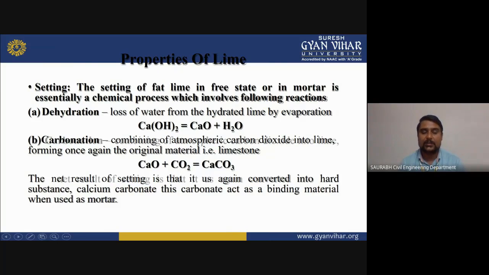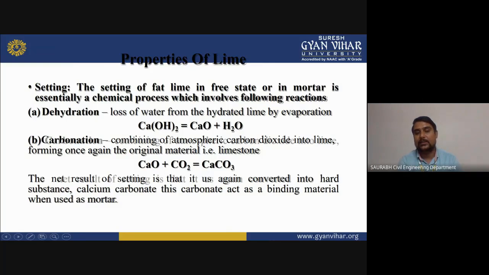Now we will see setting. What is the setting property of a lime? The setting of a fat lime in free state or in a mortar is essentially a chemical process which involves the following reactions: dehydration and carbonation. Two processes are given here. First one is loss of water from the hydrated lime by evaporation. As you can see here, the chemical formula: Ca(OH)2 gives CaO plus H2O.